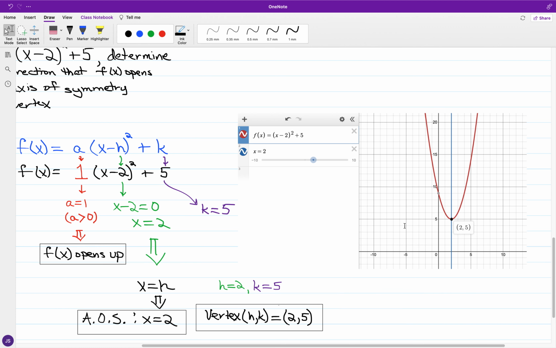Now for the graph, that is going to be in red, and this is opening up from the vertex, which we have at 2, 5. So this is going to be the minimum of this function. And again, this line that is in blue is dividing up the graph of the parabola, representing the quadratic function, into equal mirroring halves. So this dividing line is going to be the axis of symmetry, which we have at x is equal to 2.